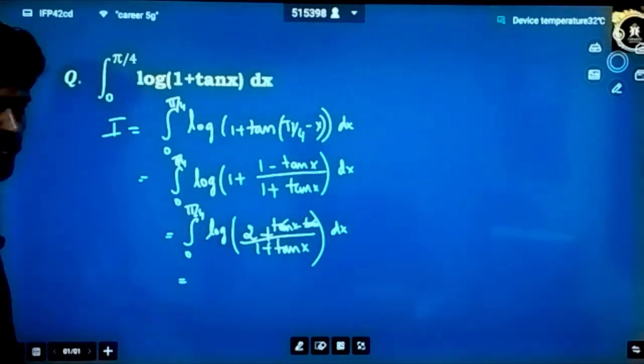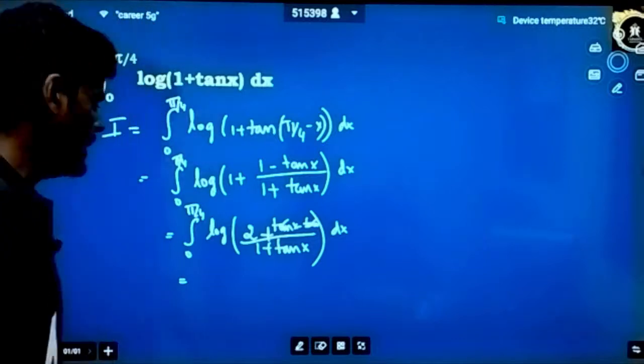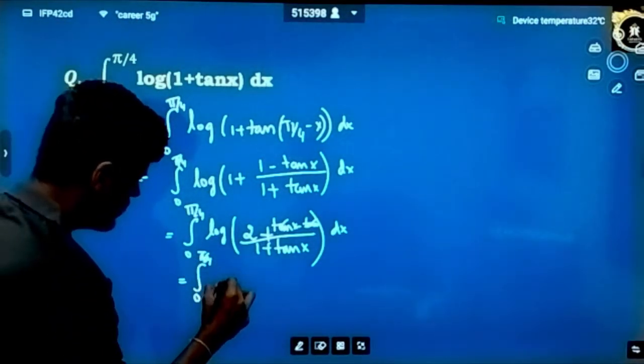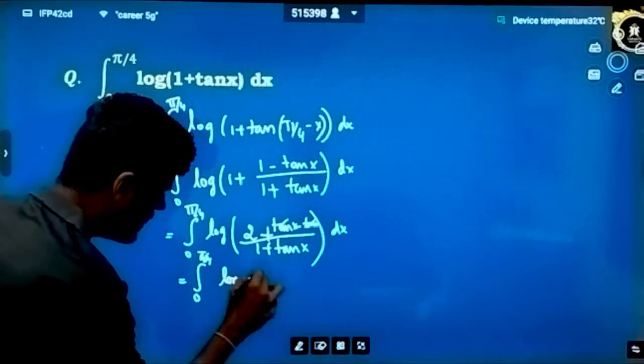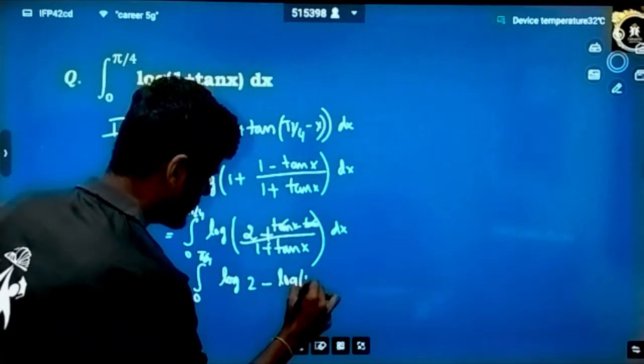Now we can write by using the property log a by b is equal to log a minus log b. That means we will get integral between 0 to pi by 4 log of a, that is 2, minus log of b, that is 1 plus tan x.